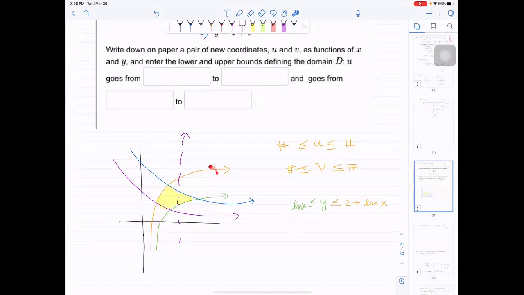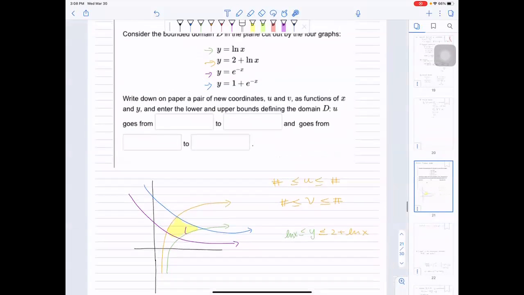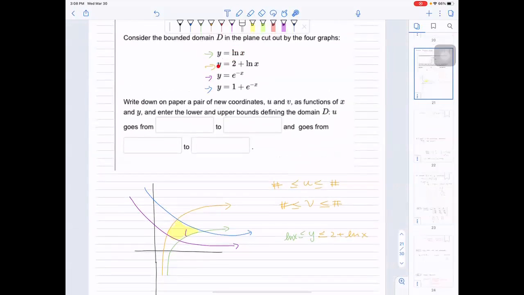The orange one is your upper bound. It doesn't match exactly, but we see that these first 2 lines are similar because they both have natural logs in them, and we want to somehow compare them.